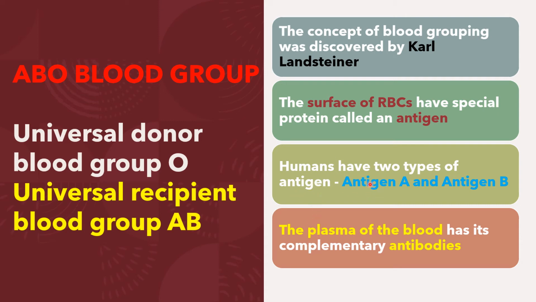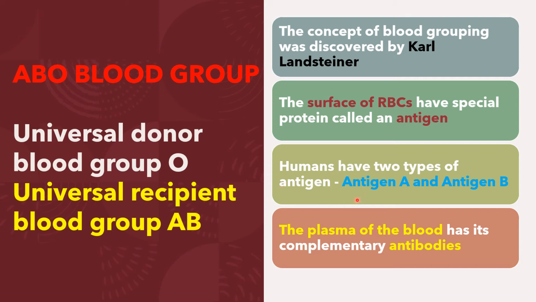Based on the antigen in that particular person's blood, complementary antibodies are produced. Where is it located? It is located in the plasma of the blood. Which antibody goes with antigen A?